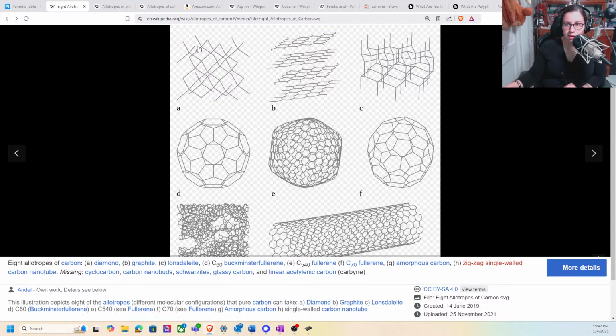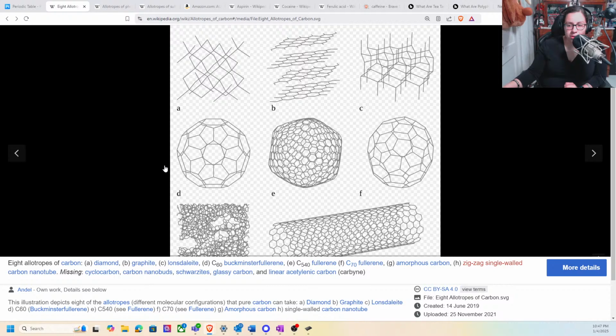The first one shown is diamond. Diamond takes this repeating tetrahedral pattern, with carbon at all these vertices, and that contributes to the strength of a diamond. The other key thing with allotropes is that each has some sort of defined structure. That is what all these names are referring to.